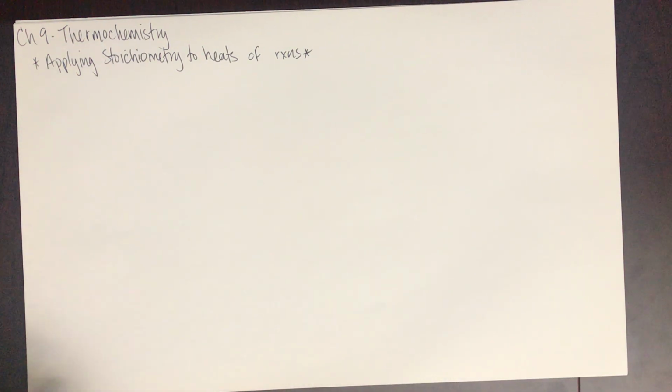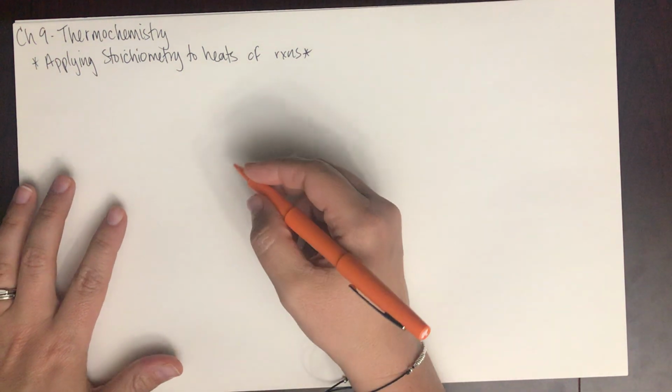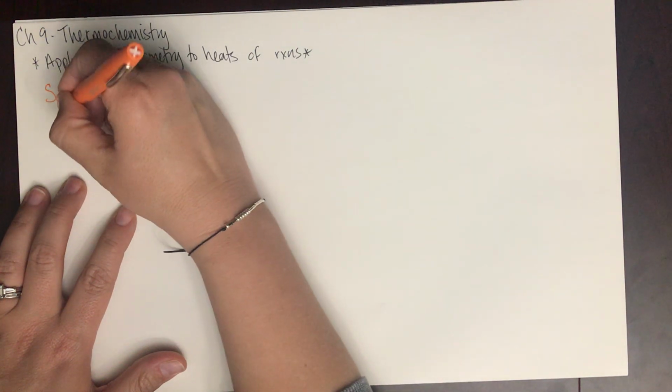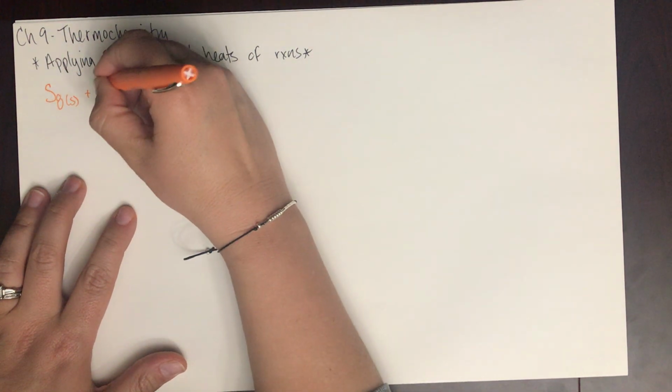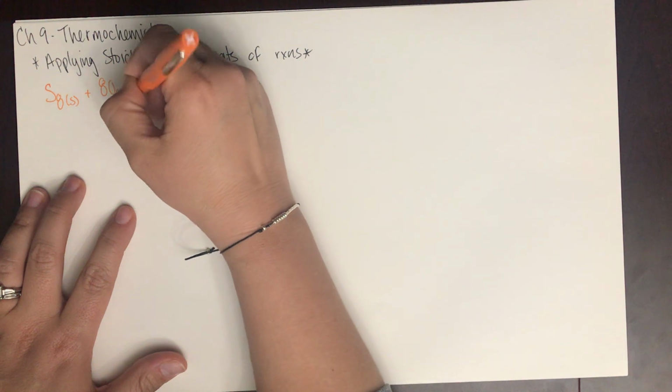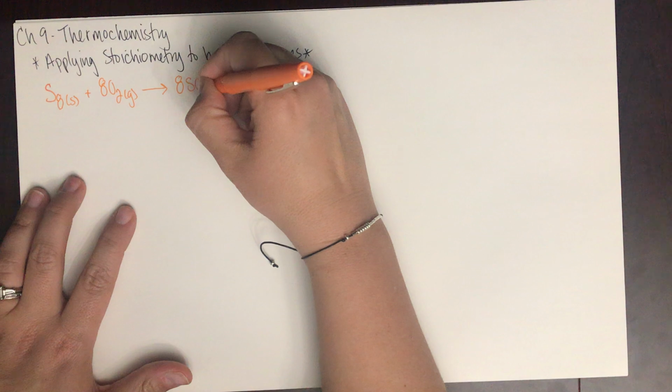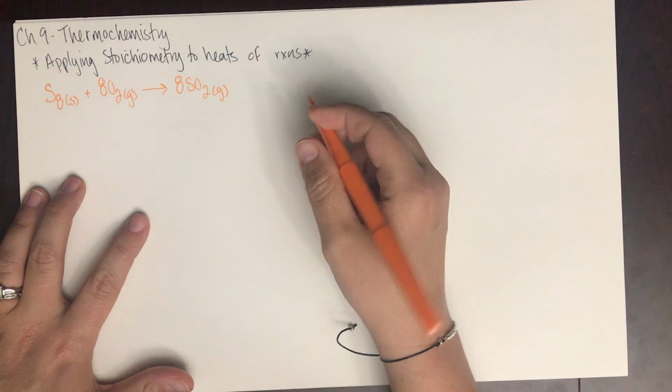So we're going to go back to the problem that we had just used in the previous video, with the combustion of sulfur and oxygen producing sulfur dioxide. And we wrote the equation like this: sulfur, S8, plus 8 moles of oxygen gas produces 8 moles of sulfur dioxide gas.